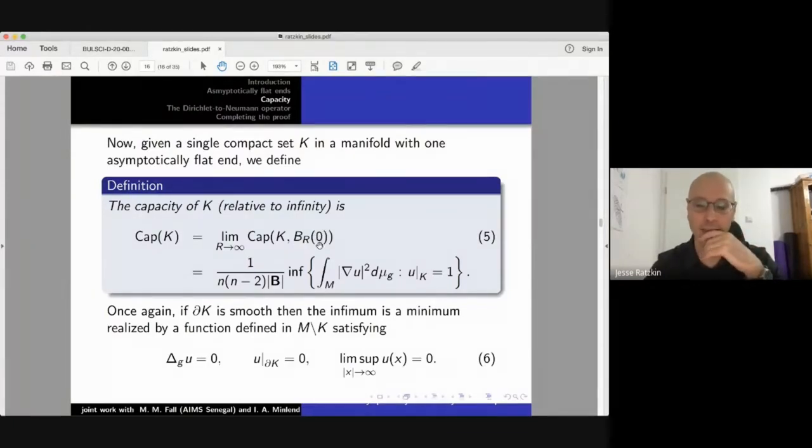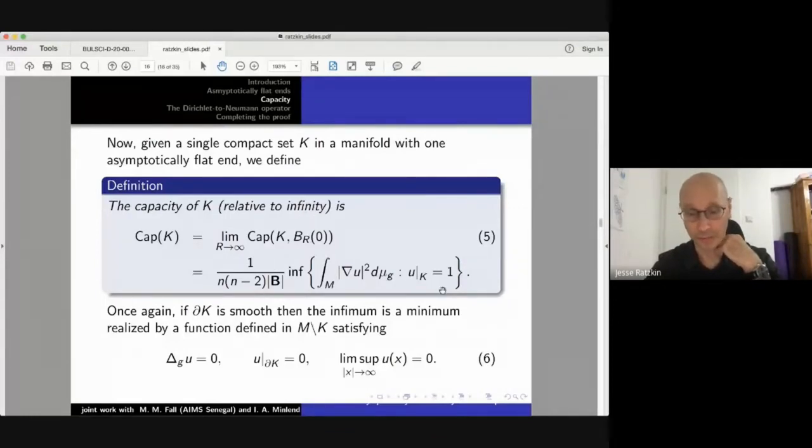Now, this limit exists because from my definition of the relative capacity, this is a decreasing sequence here.